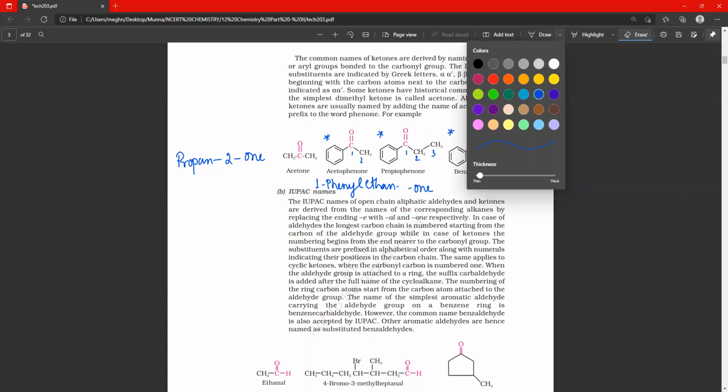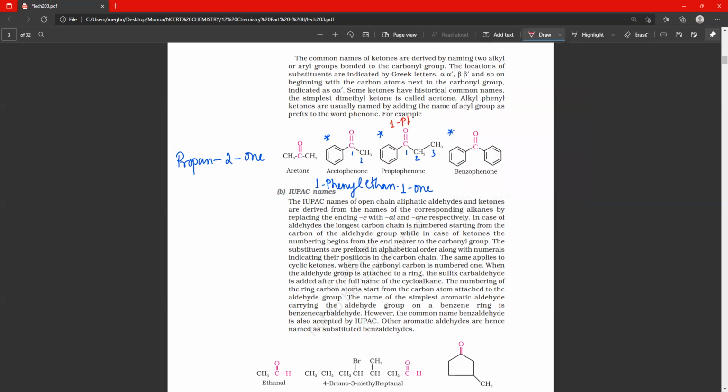So obviously this one is exactly the same, no? 1-phenyl. Yes, very good, Shujan. 1-phenyl propan 1-one.